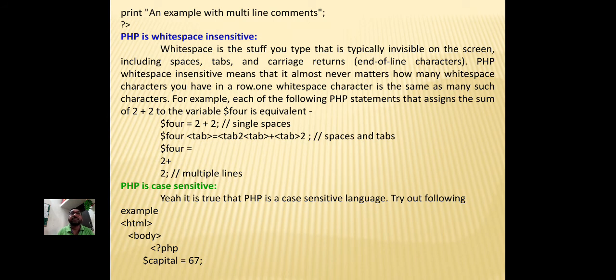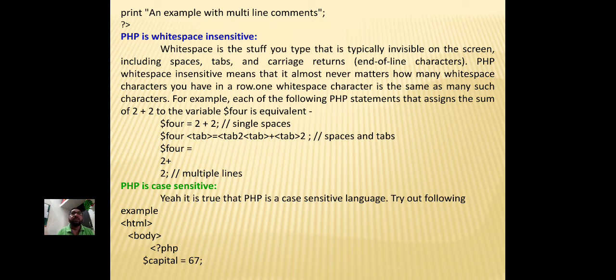PHP is white space insensitive. White space is stuff that is typically invisible on the screen, including space, tab and carriage return, end of line characters. PHP white space insensitive means that it almost never matters how many white space characters you have in a row.